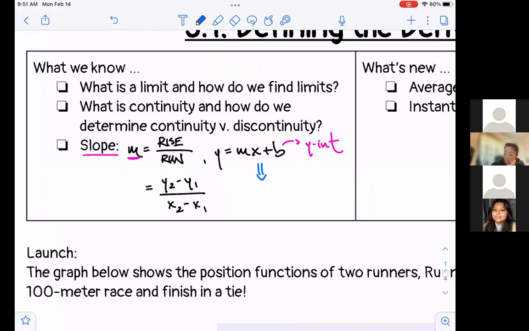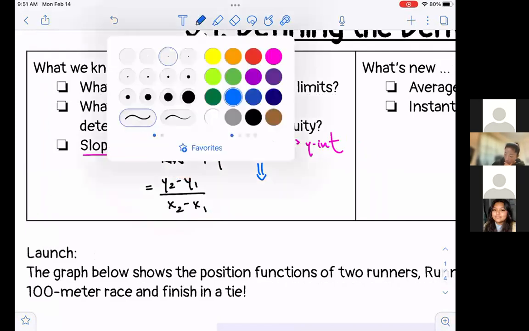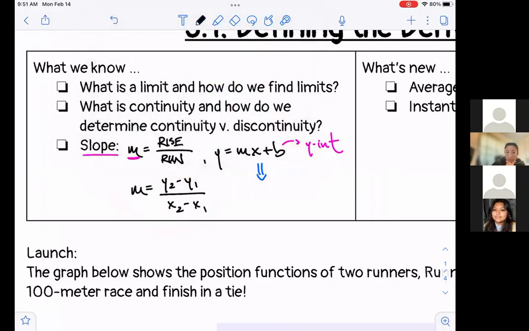And in fact, it comes from this: m equals y2 minus y1 over x2 minus x1. If I write this m again down here, can someone tell me how would I get the numerator, y2 minus y1, all by itself?